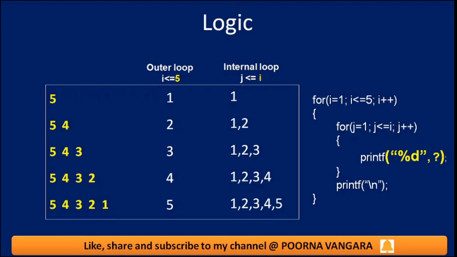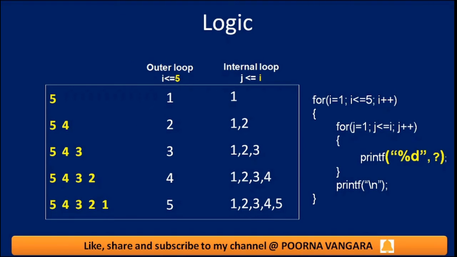Now, next pattern. We need to find the logic for this question mark again. Now look at the pattern. In the first line I need to print 5, in the second line I need to print 5 4, in the third line 5 4 3. So that means it is somewhat variable. If you come across this kind of situation, first look at the J. First try to take J as reference.